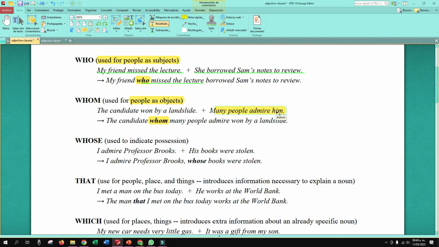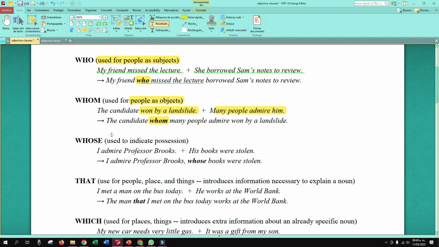You don't need to add admire him because you already know that you're talking about the candidate there. So the candidate whom many people admire won by a landslide, right? So you're adding information about that.